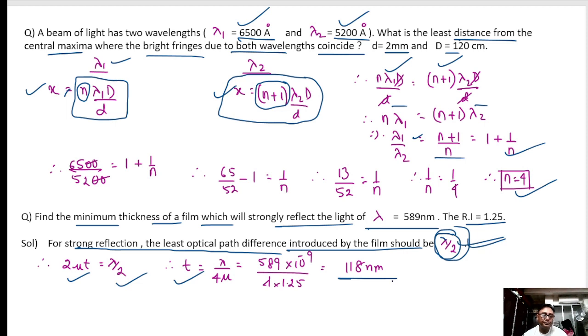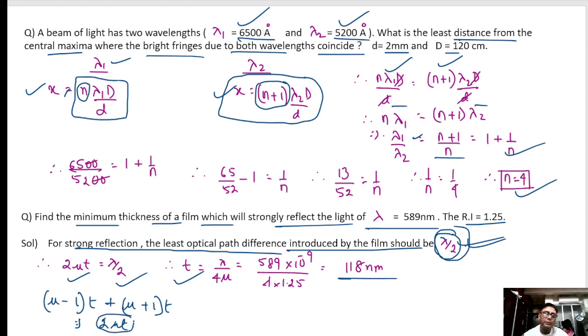2 mu t. Okay. For strong reflection, the optical path difference should be this. So we know that it was (mu minus 1) into t, plus (mu plus 1) into t, which will give you 2 mu t.